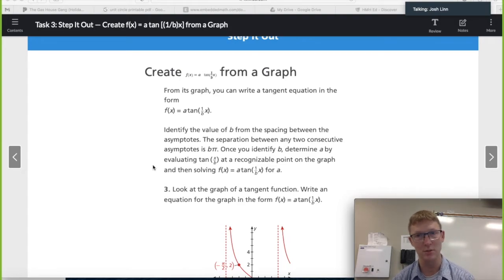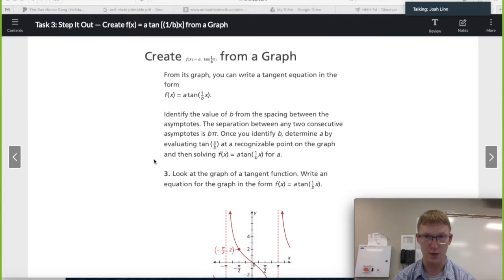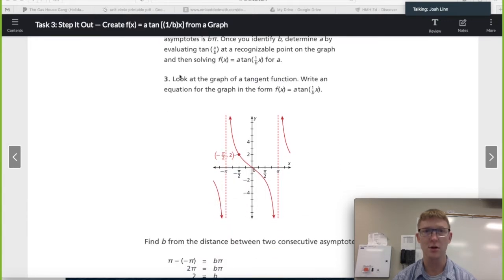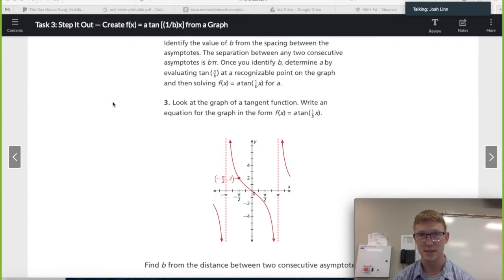Oh, good, we get to do a little bit of math. So here we go. Look at the graph of a tangent function and write an equation for the graph in the form f of x equals a tangent of 1 over b times x. So the distance between the asymptotes is b pi. We can look at the distance here, and that is from -pi to pi.